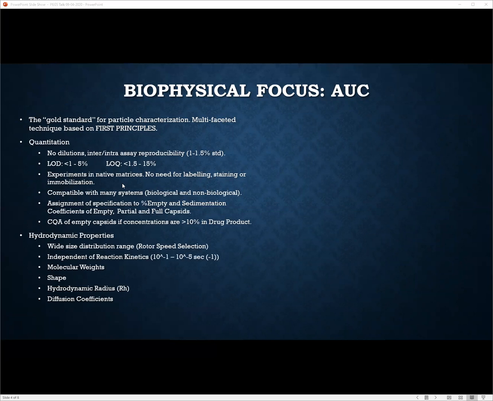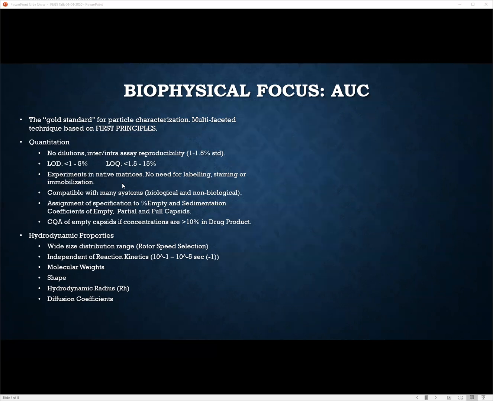In addition to that, you have the hydrodynamic properties, which is very critical to your gene therapy system. So you have a very broad size distribution range that goes from sub-nanometers to microns, in terms of you can look at a cell, a whole cell, in the AUC. It's independent of any type of reaction kinetics, i.e. I'm talking about self-association, heteroassociation, and reversibility.